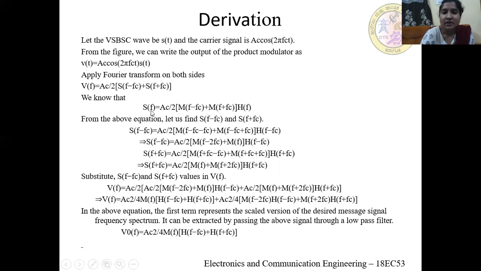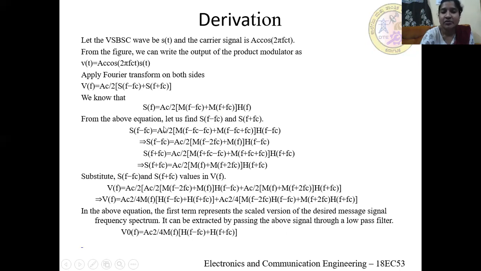We know that S(f) can be given as Ac by 2 into [M(f minus fc) plus M(f plus fc)] into H(f). Now what we have to do is find the values for S(f minus fc) and S(f plus fc).